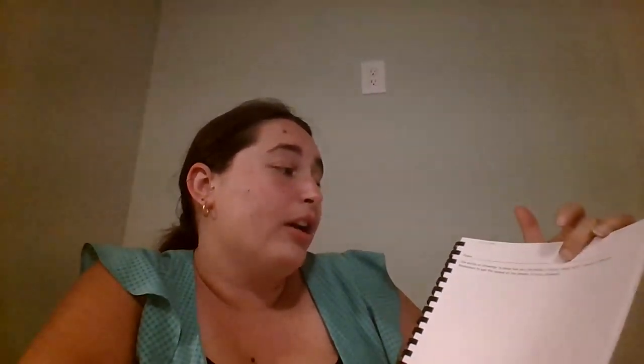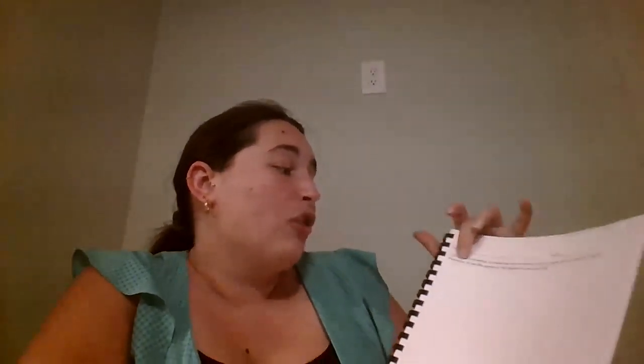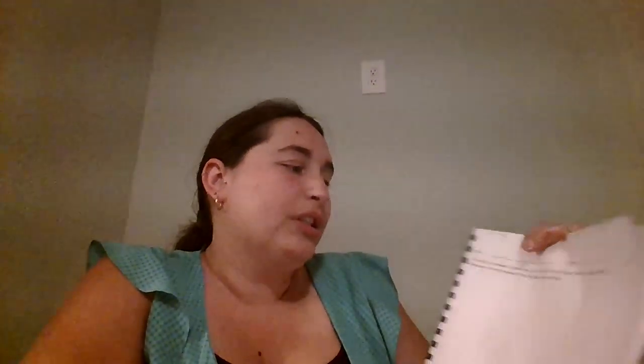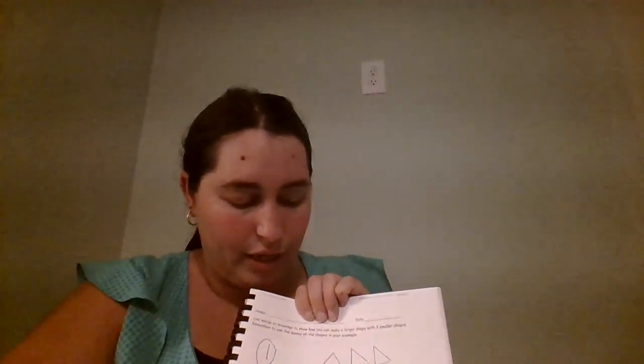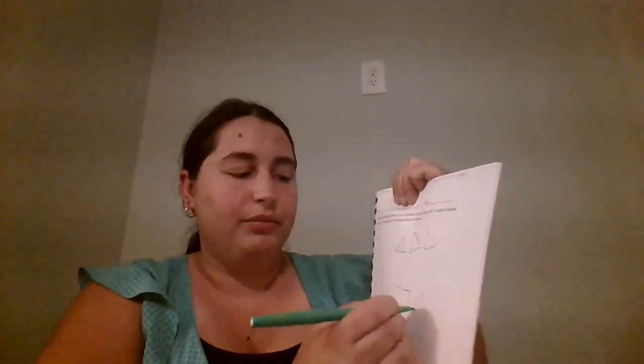This next one says use words or drawing to show how you can make a larger shape with 3 smaller shapes. Remember to use the names of the shapes as an example. So I want you to make one larger shape using 3 smaller shapes. Maybe you use 3 triangles to make a different shape, or maybe a triangle and a rectangle and another triangle.